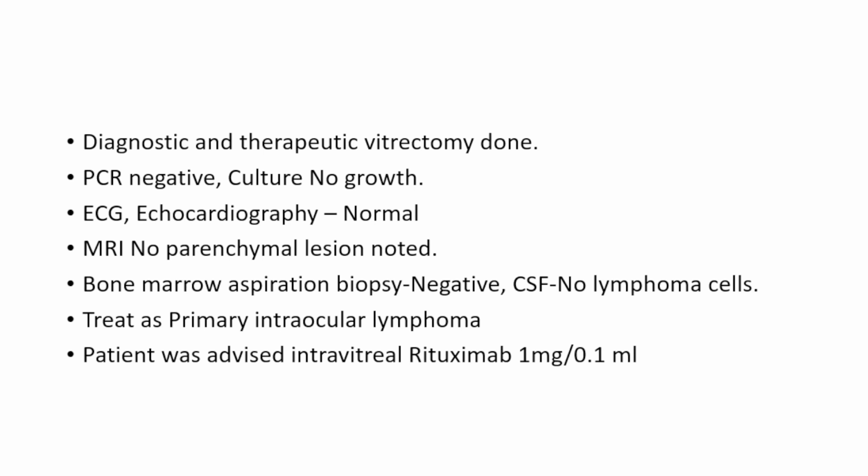Bone marrow aspiration biopsy came negative. CSF also showed no lymphoma cells. After the opinion of the hemato-oncologist, ocular oncologist, and neurosurgeon, it was thought to treat as primary intraocular lymphoma. So the patient was advised intravitreal rituximab 1 milligram per 0.1 ml, and is under continuous treatment for the same.